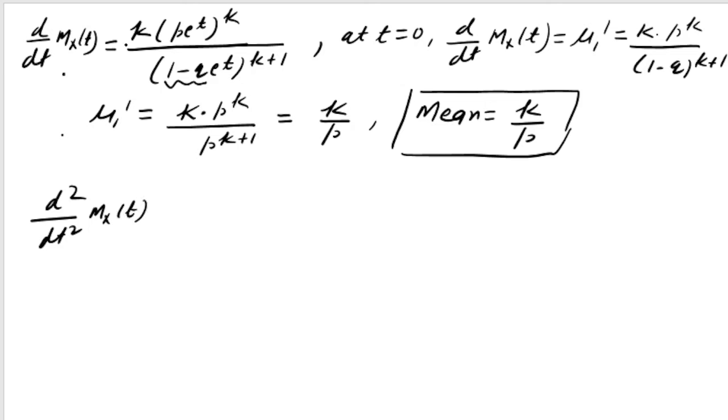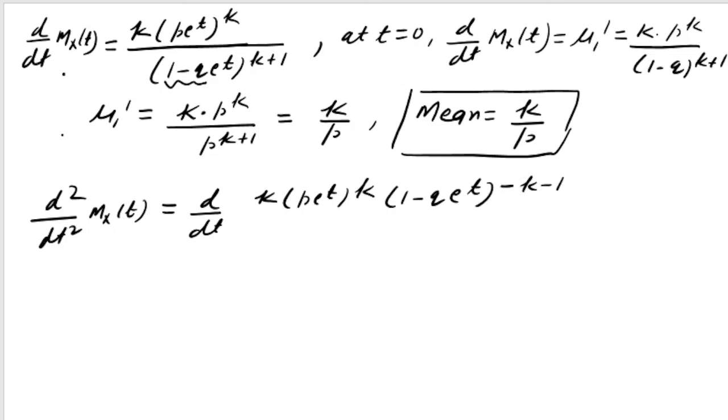So this is the first order derivative I already have calculated. So basically I have to calculate d by dt of k into (p e to the power t) to the power k, and again for our convenience I can write it (1 minus q e to the power t) whole to the power minus k minus 1, so that we can apply the product rule easily.